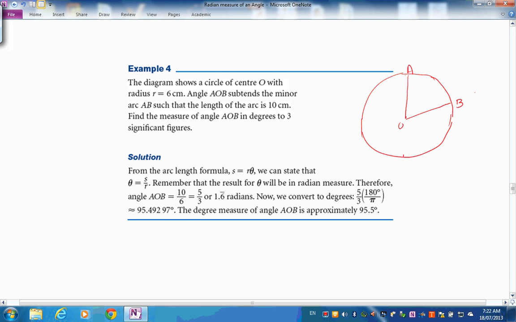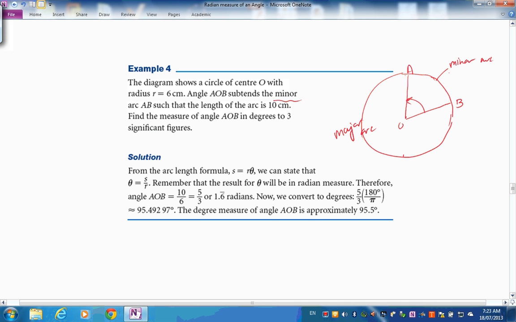Do you understand this minor arc AB? That's the minor arc, because that is the angle subtending it. This angle is subtended by this arc. It's actually sitting on it. And here, this would be the major arc, the bigger portion of the circle, cut off by this angle AOB.